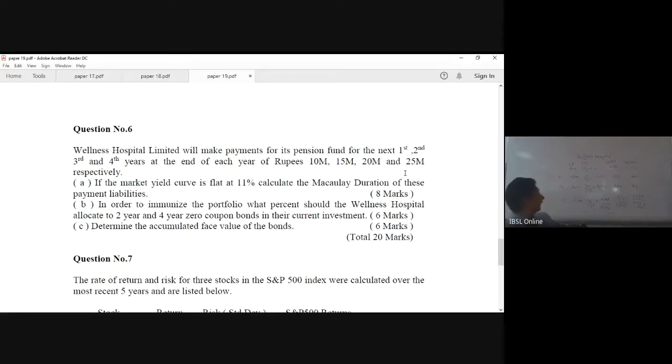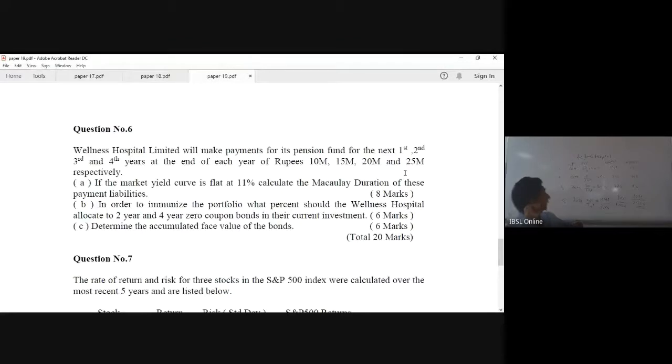For the second year, 15 divided by 1.11 to the power 2 comes to 12.174. In the third year, 20 divided by 1.11 to the power 3 comes to 14.624. And in the fourth year, 25 divided by 1.11 to the power 4 comes to 16.468.